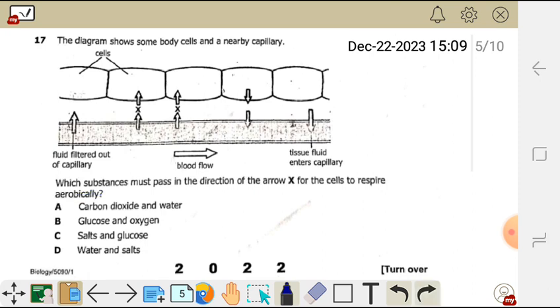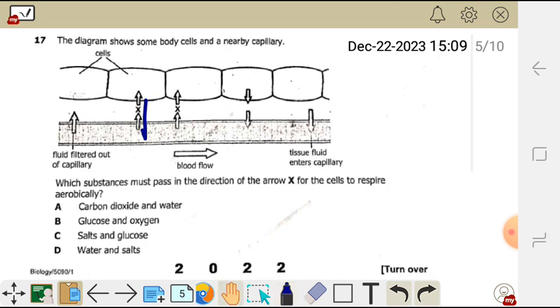When you hear aerobic respiration, we are using oxygen and glucose. Glucose and oxygen react, and in the process they produce energy, carbon dioxide and water. Those are the products. But what should pass from the capillaries to the cells is oxygen and glucose. When they reach the cells, that's when aerobic respiration is going to take place. So the correct answer here is B.